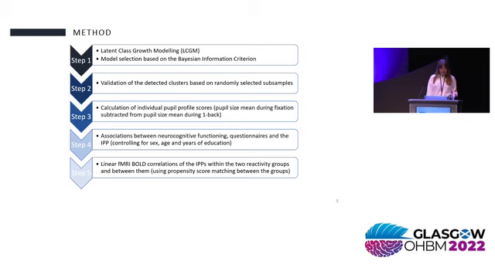In a subsequent step, we analyzed associations between this individual pupil profile score and neurocognitive functioning and the symptom levels of depression and anxiety, while controlling for sex, age, and years of education. And in our final step, we tried to biologically validate our clusters and looked into the correlation of our pupil profiles and the BOLD signal during the N-back task.